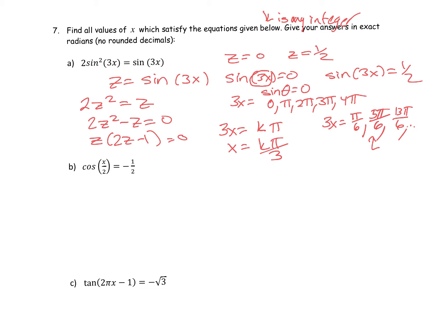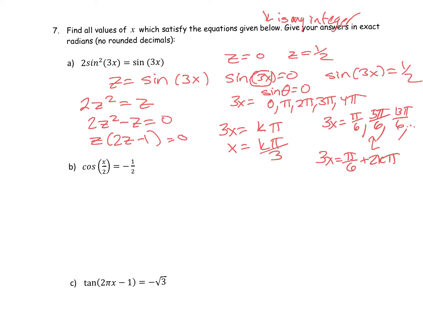I can represent all the quadrant 1 angles by saying 3x equals pi over 6 plus 2k pi. So every time I go around the circle and hit that first quadrant angle that has a reference angle of pi over 6, I'm going to get 1/2 when I take the sine.